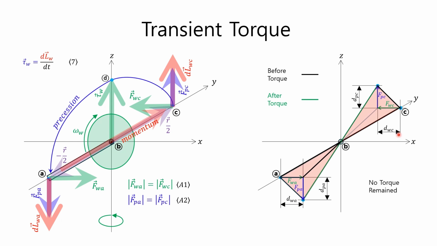At the same time, the couple forces FPA and FPC, which generate precession motion, transiently occur in the direction of precession rotation for time dt, so that point A moves in the negative z-axis direction by dpa, and point C moves in the positive z-axis direction by dpc and then stops. After this, all forces acting on the system except for the force supporting the gyroscope's gravity disappear.